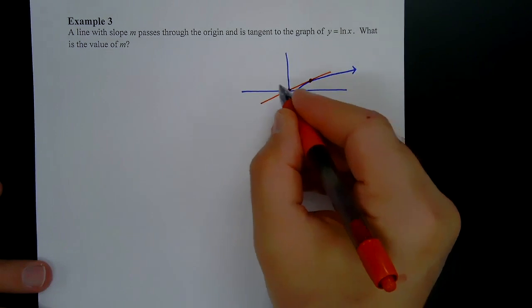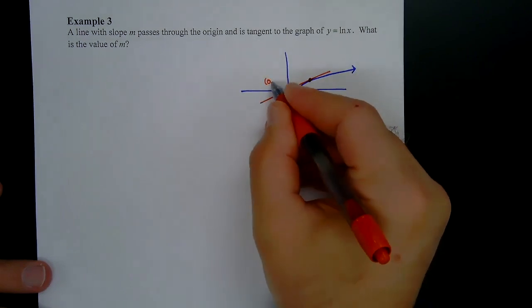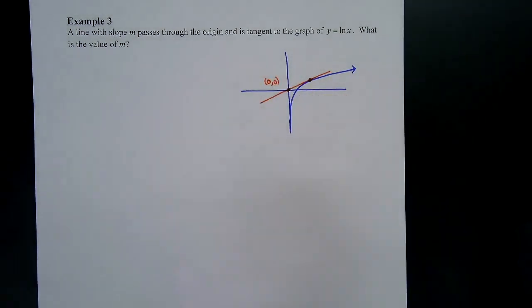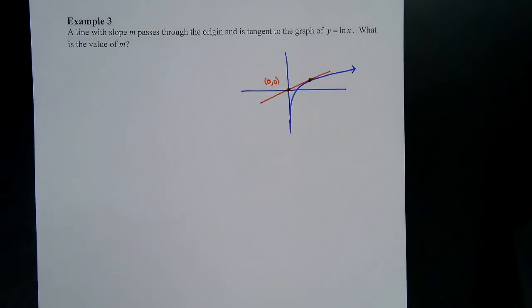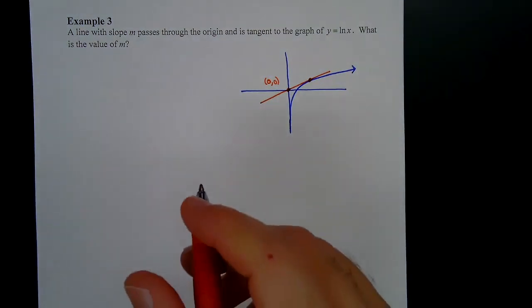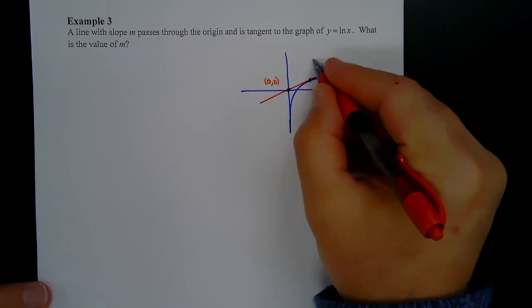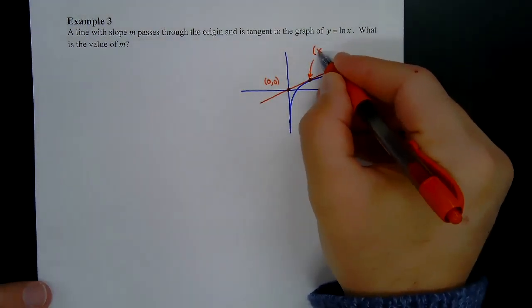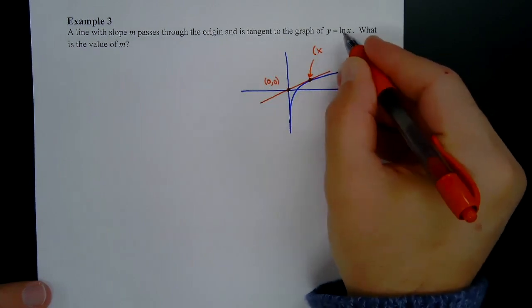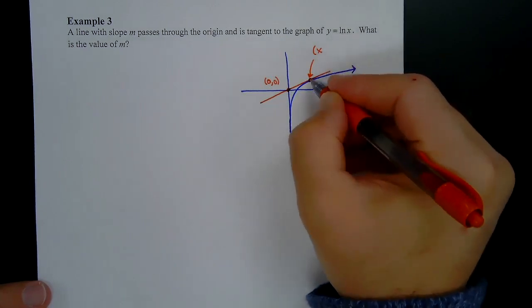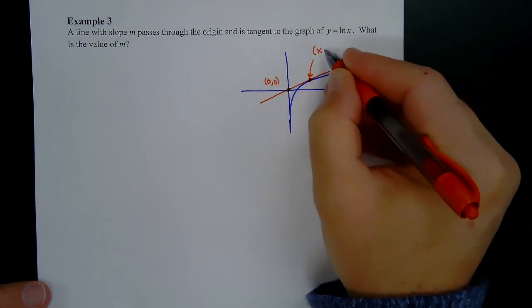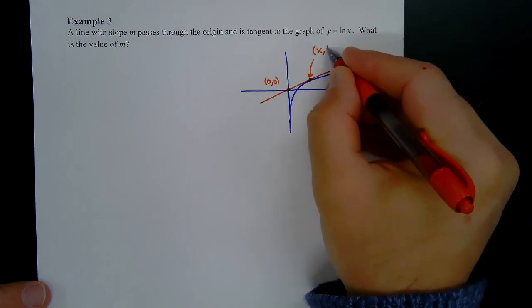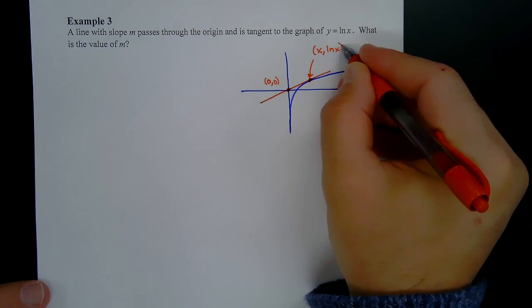So this point right here is the point 0, 0. All right, and then this point right here has coordinates. Now this is going to be weird. It's x, right? And comma y, but y is really ln of x because that point is on the curve, right? So x comma ln of x.